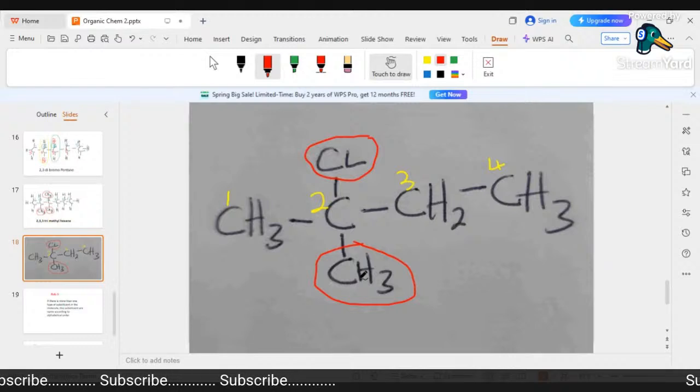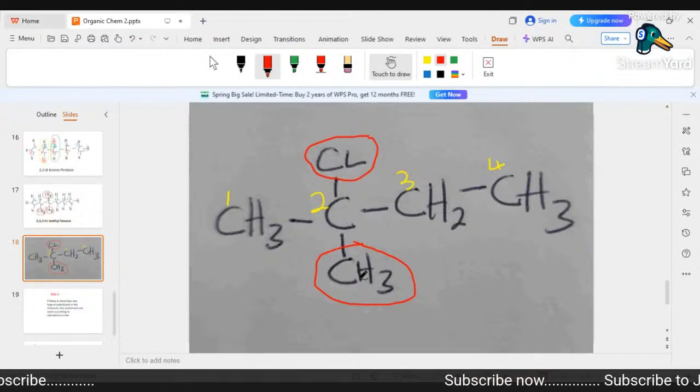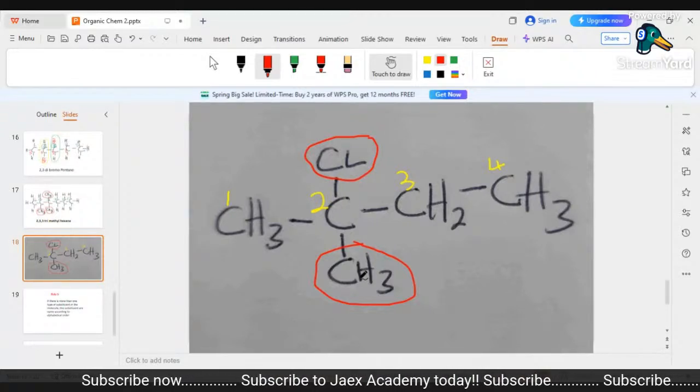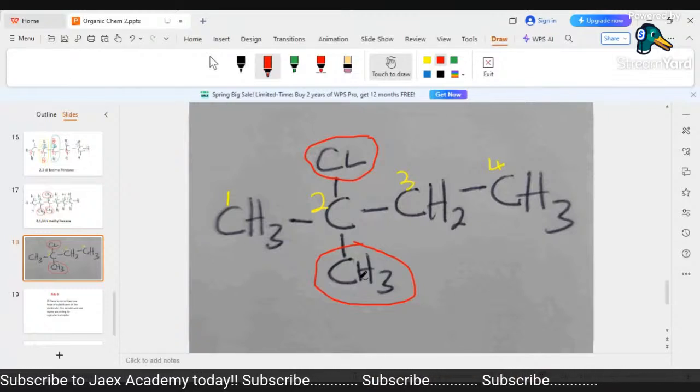So chlorine and methyl. Chlorine starts with C. Methyl starts with M. So C and M, which one comes first in the alphabetical table?